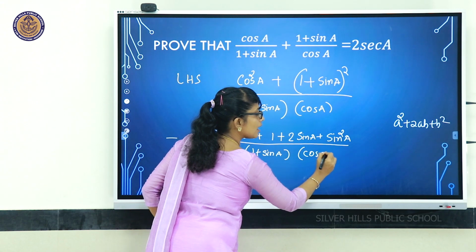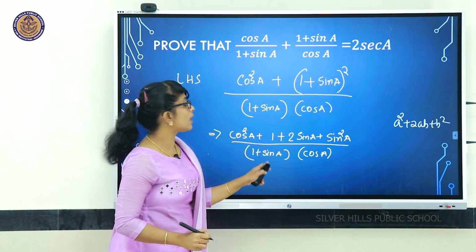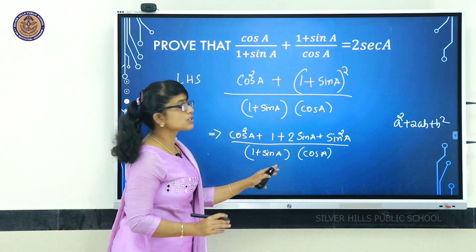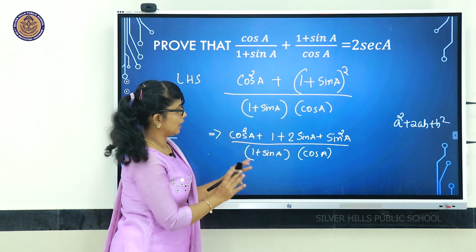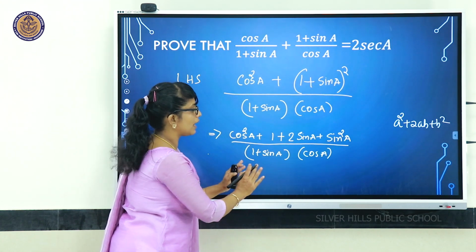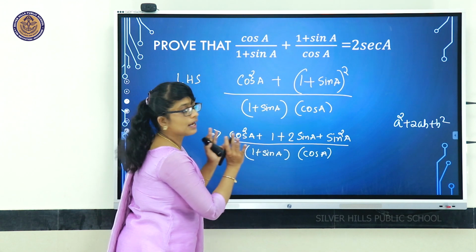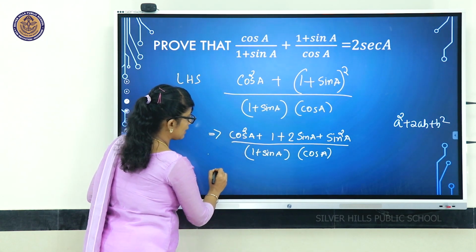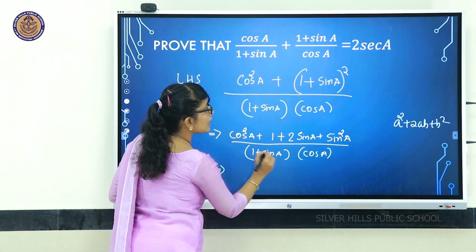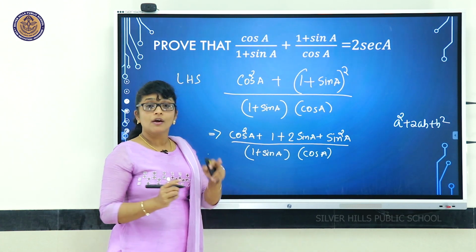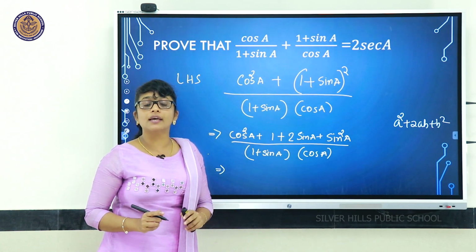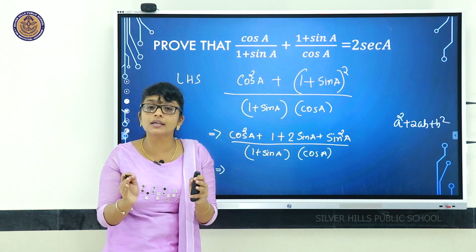If you are multiplying 1 plus sin A into cos A, it is not most suitable here. Okay, so we are not multiplying 1 plus sin A into cos A. Next, cos square A plus sin square A. We studied identity. What is the first identity?